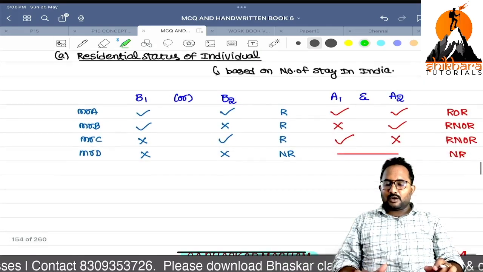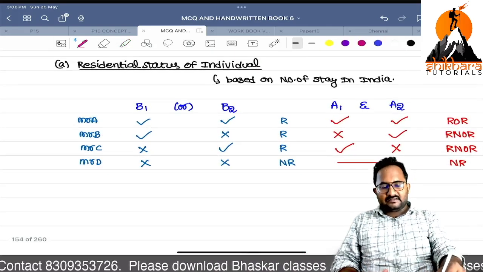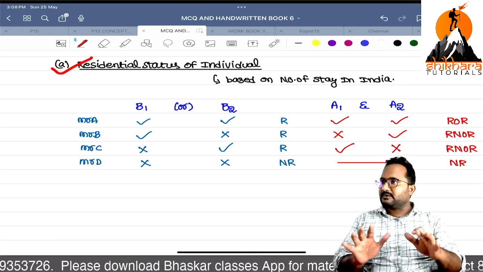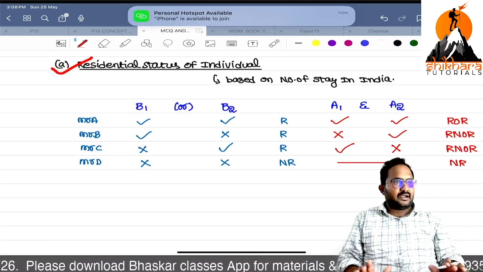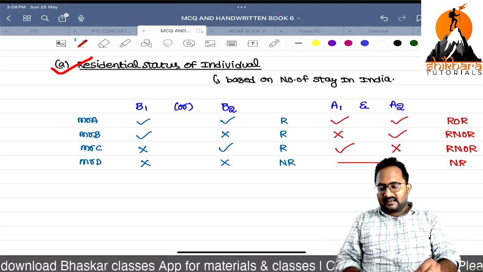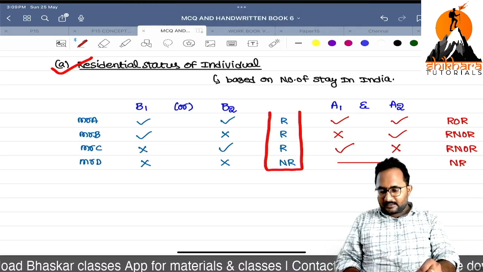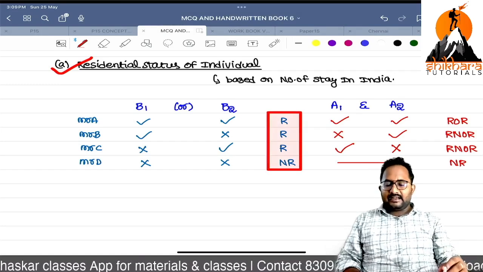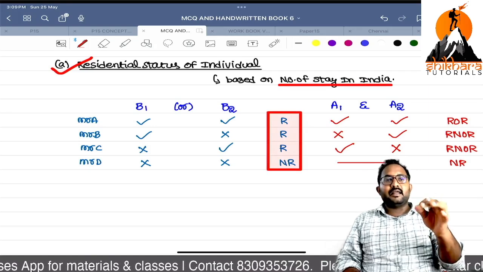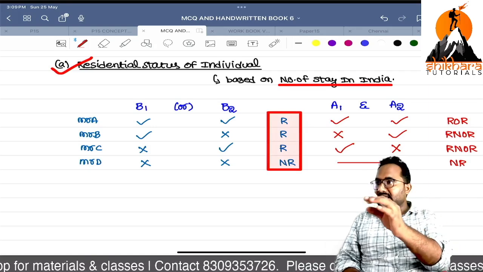Now, first I want to start with the residential status of an individual. First I will tell you the format we are going to follow, and after that I will tell you the conditions. So first our agenda is to calculate whether he is a resident or non-resident. For calculating whether an individual is a resident or non-resident, what is the data we have to check? Number of days stay in India.